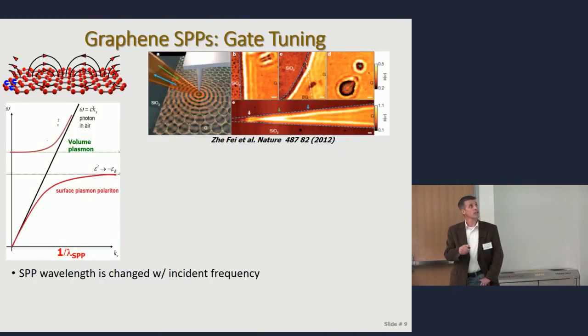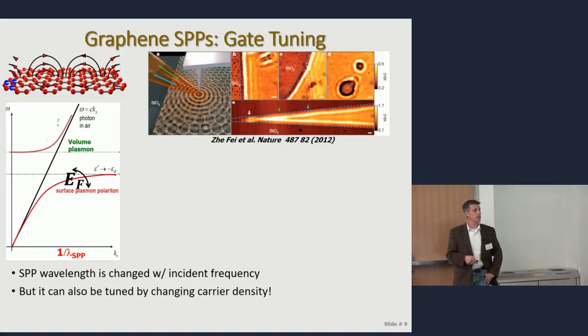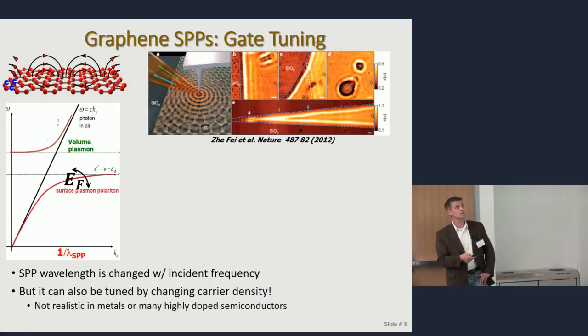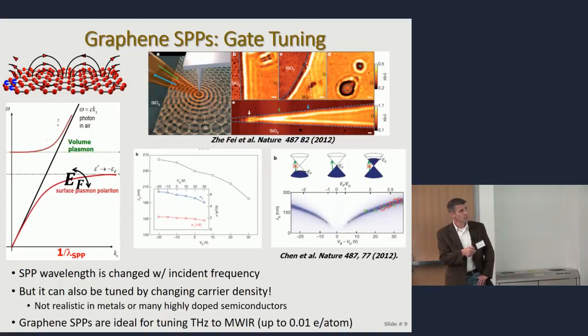So let's look again in a little more detail at this, right? So here's my dispersion relationship again. The other thing to point out, of course, is that by changing the carrier density, or the Fermi energy, I'm tuning this dispersion relationship. So one of the other really fantastic things that these two groups did, this is Dmitri Basov's group, as well as Frank Koppens' group with Rainer Hillenbrand, they not only measured these interference fringes, they did this as a function of gate bias at the same frequency.